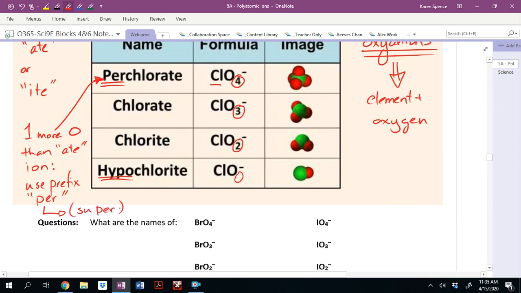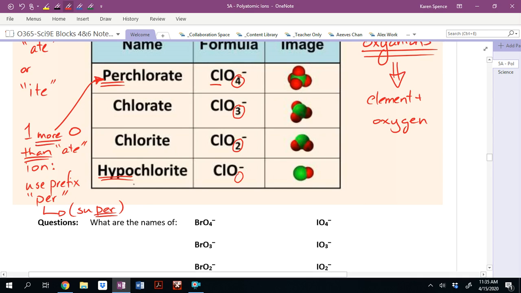If you have a Superman, he is more than a man. He can leap tall buildings in a single bound. That is more than a normal man can do. That would be Superman. So per means more than. So a perchlorate ion has more oxygen atoms than the chlorate ion. Perchlorate has more than chlorate.